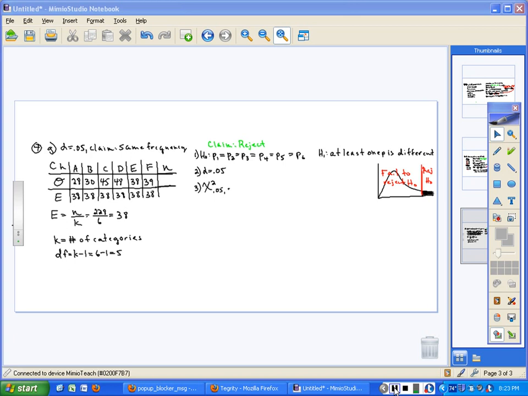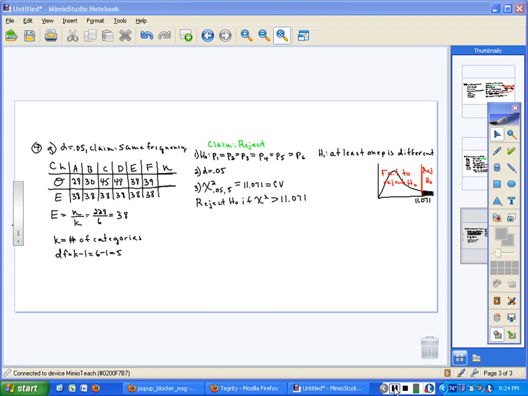So we go to chi-squared table 0.05 and then down to 5, and the critical value is 11.071. And so the sentence would be, reject H0 if chi-squared is greater than 11.071.